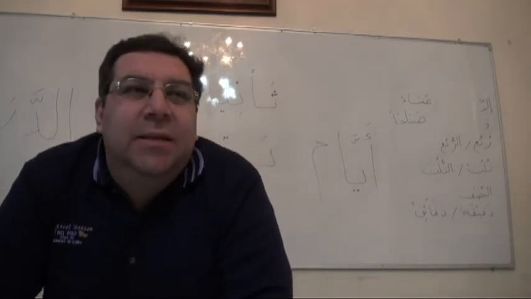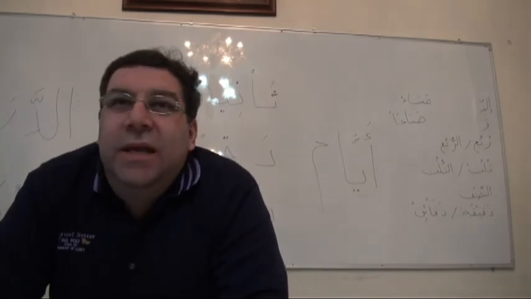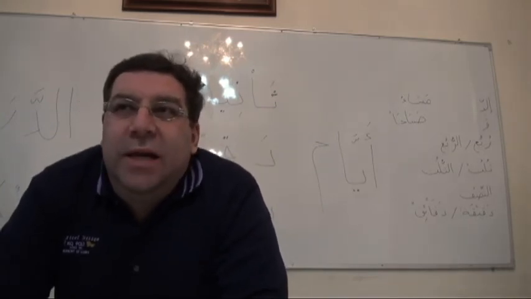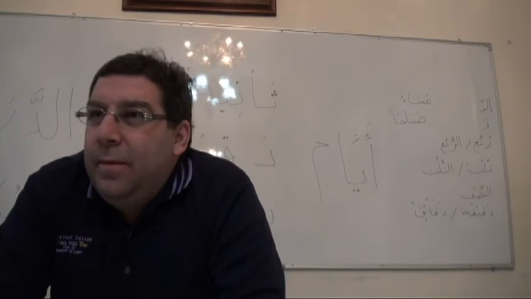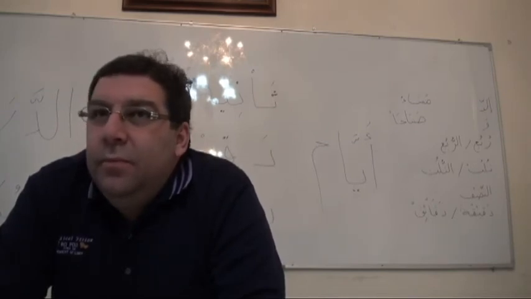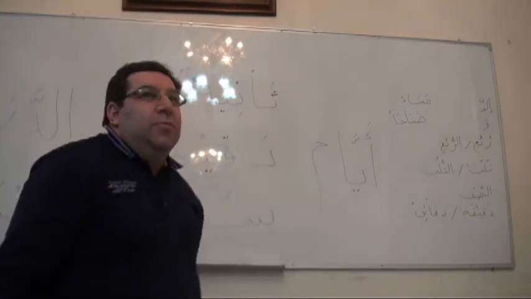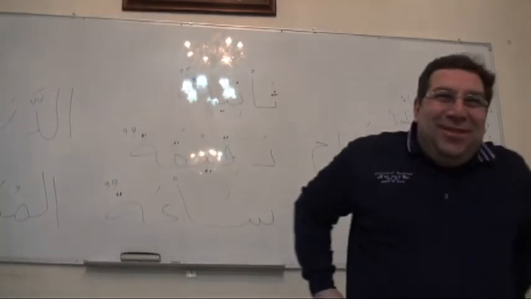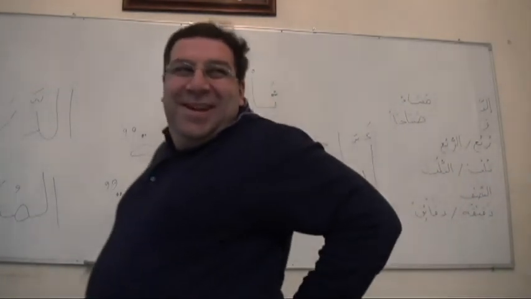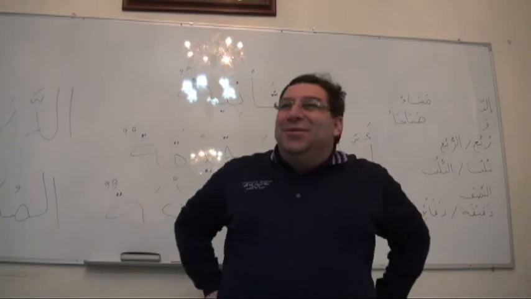Shahran means month. Okay, so we don't say shahran plural. We say 1 month. Clear? And maybe this is one of the things why in English, then I say 2,000 year. I don't say 2,000 years. I say 1,000 year, not 1,000 years.